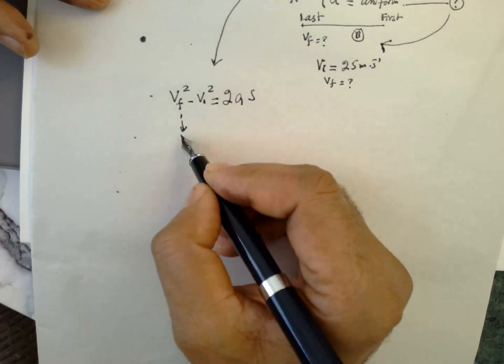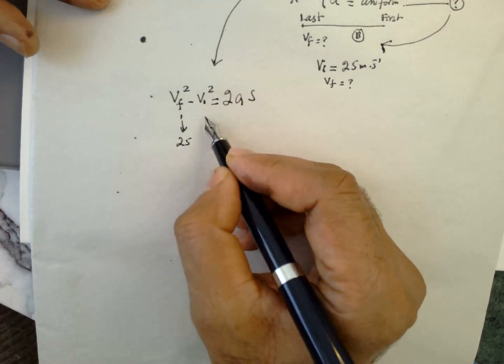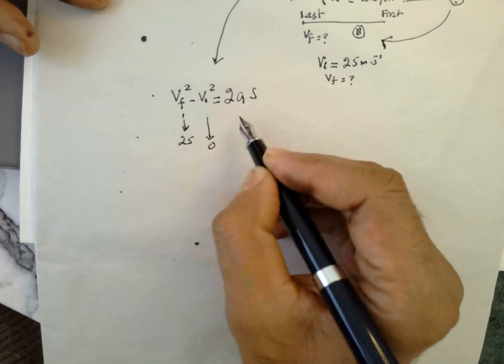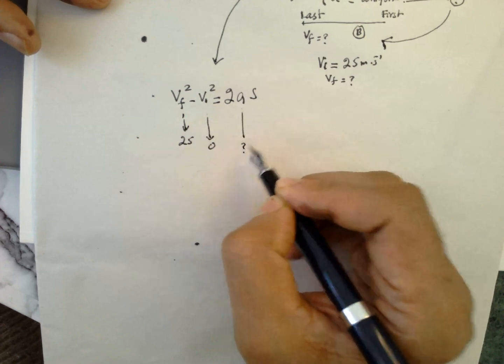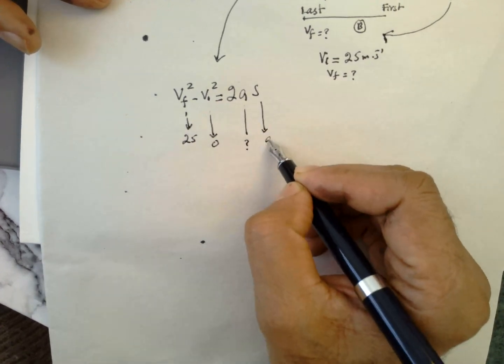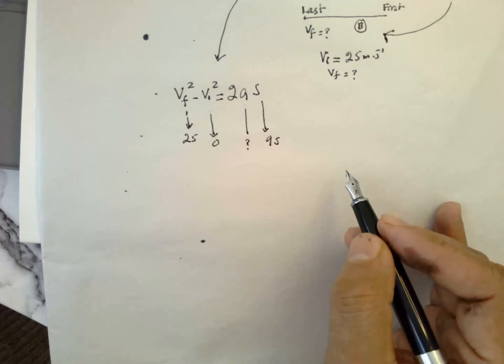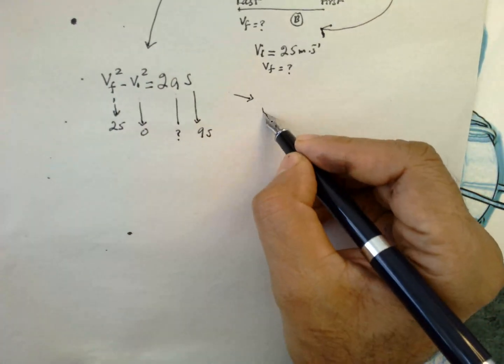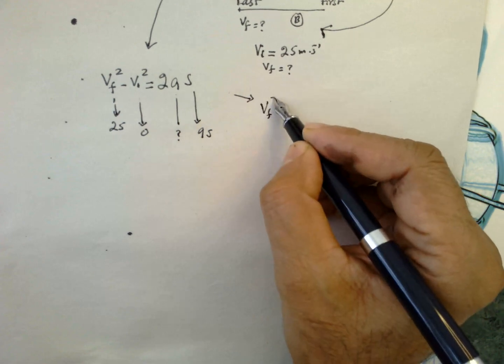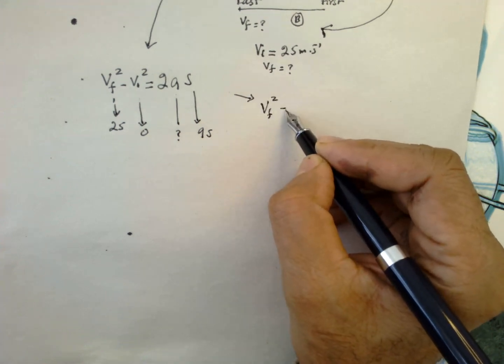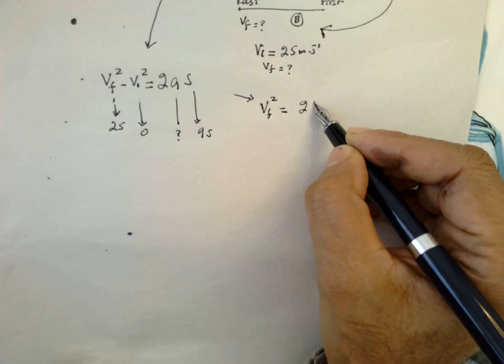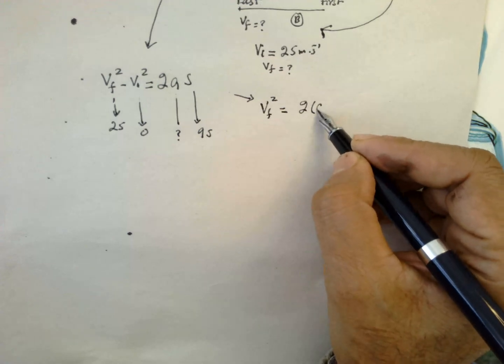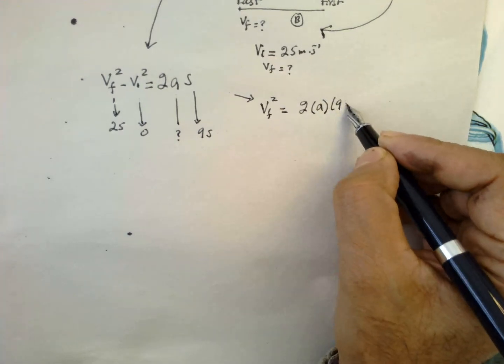Vf is equal to 25. Vi is 0. A we have to find. s is 95. If we substitute these values, then Vf squared, which is 25 whole squared, is equal to 2 into A into 95.